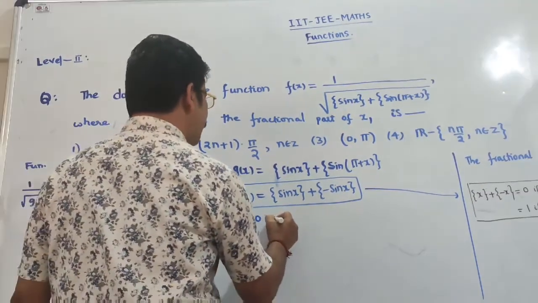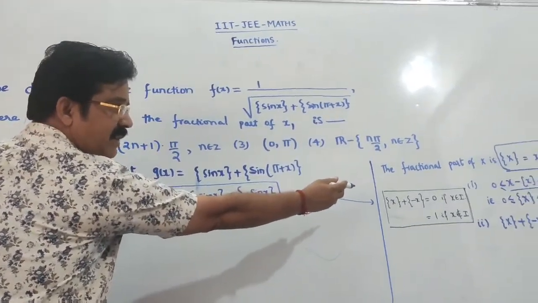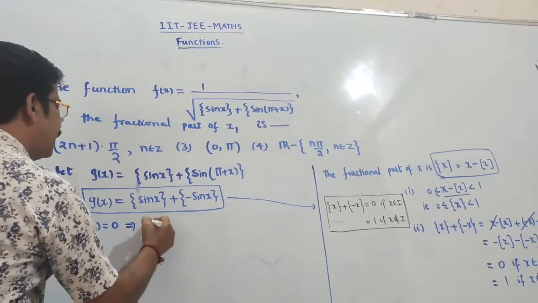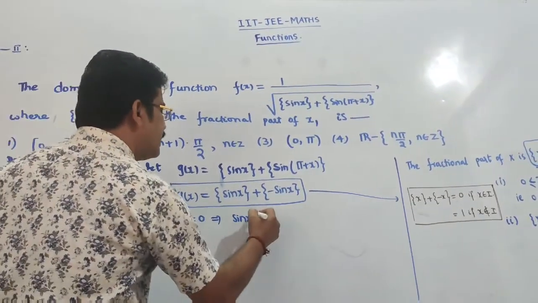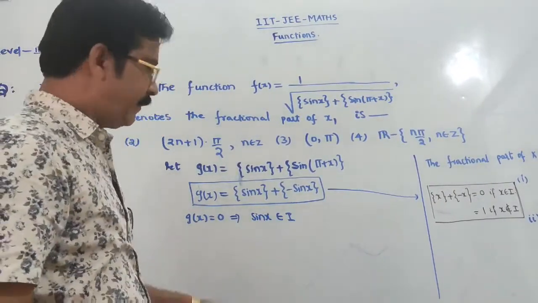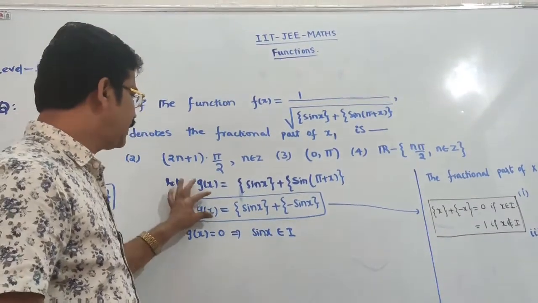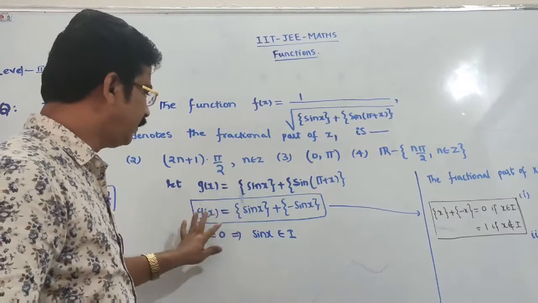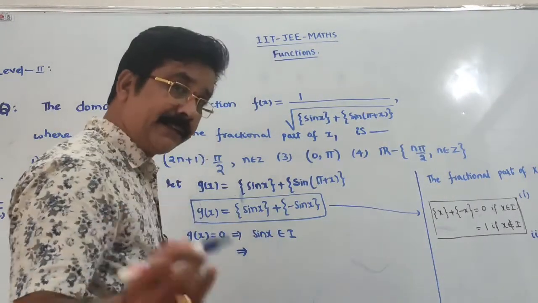G of x equal to 0 means that when x belongs to I, its sum is 0. Instead of x, here sin x is there. What I am telling is that whenever sin x value belongs to integer, only then the total sum of fractional parts equals 0.